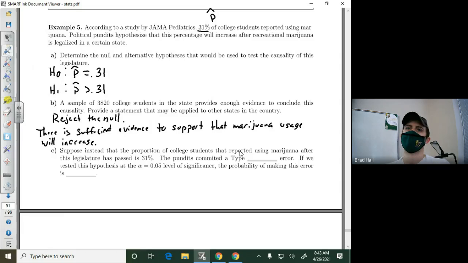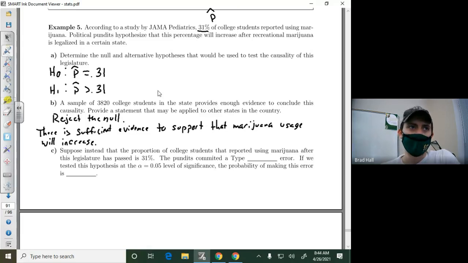Now, suppose something else happened instead, a parallel universe where they did the study, and let's set up the stage a little bit. Let's say 5 years after recreational usage has been legalized, the percentage stayed the absolute same.